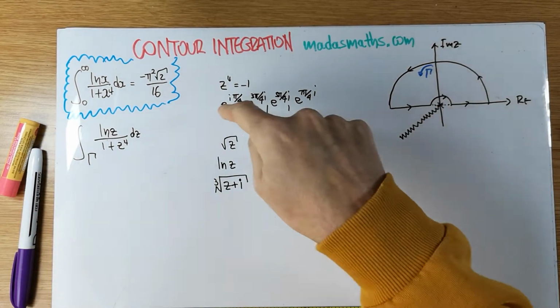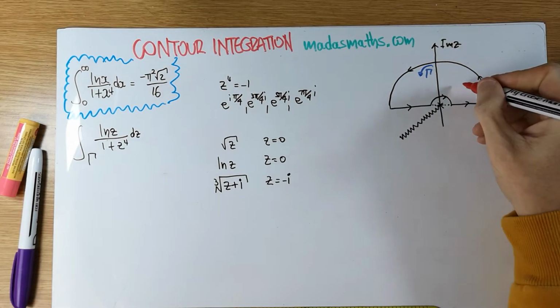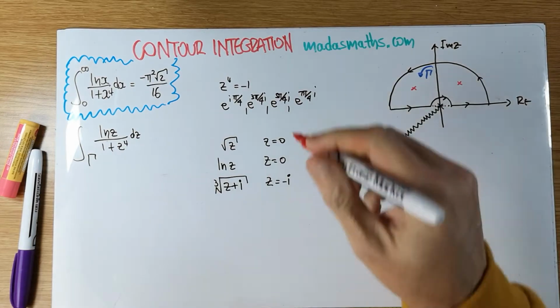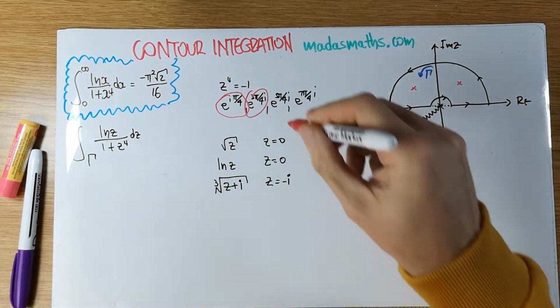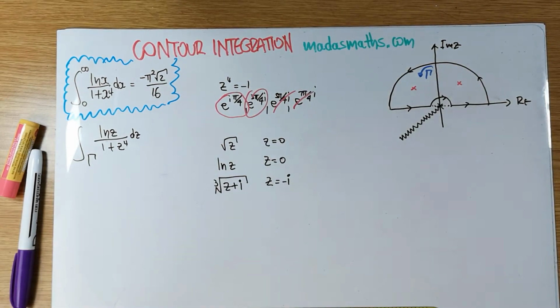From the poles, the simple poles, only 2 of them will be inside the big gamma. One is at e to the i pi over 4, and another one at e to the 3 pi over 4. Only those 2 will be there, and therefore we don't really care about the other 2.